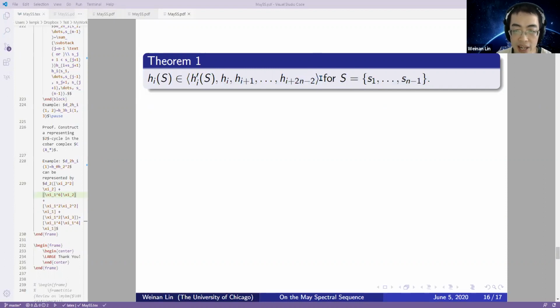Okay, and actually, by the evidence of the low degree computations, there's no indeterminacy. Actually, for low degrees, at least in stems up to 500, there are no other elements in this degree, so the only indeterminacy that this matrix massey product can have is that 0 might be in it, but it can be proved that 0 is not in it.